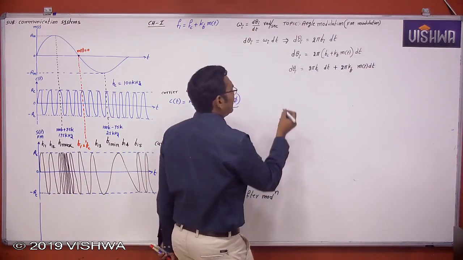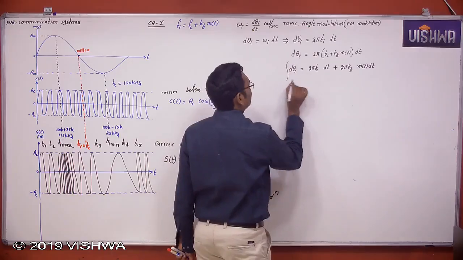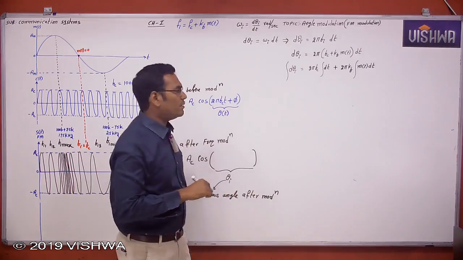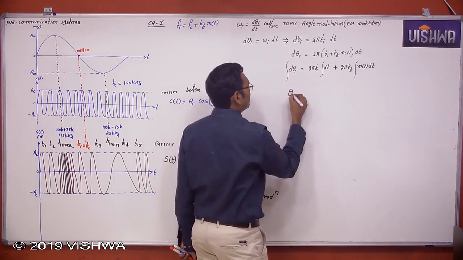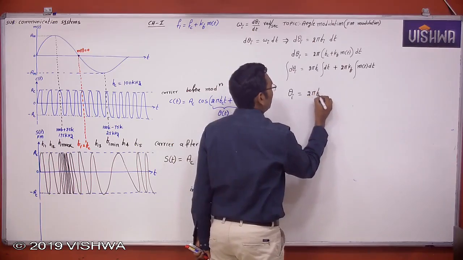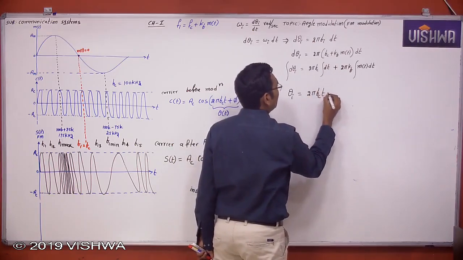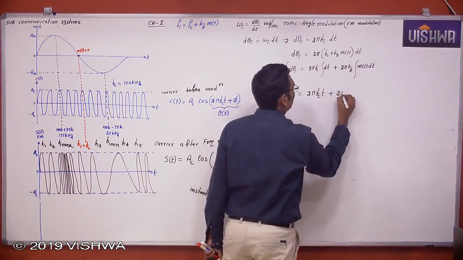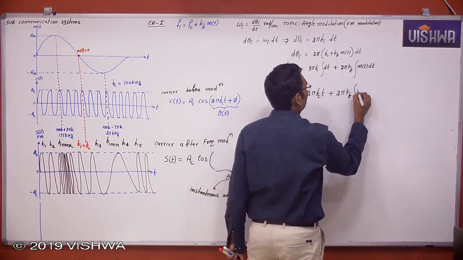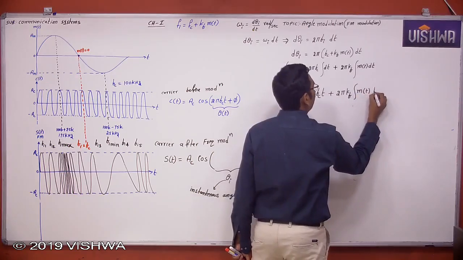Now if I integrate both sides, integration of d theta is what? Theta I equals 2 pi Fc, integration of dt is t, plus 2 pi Kf integration of m of t dt.